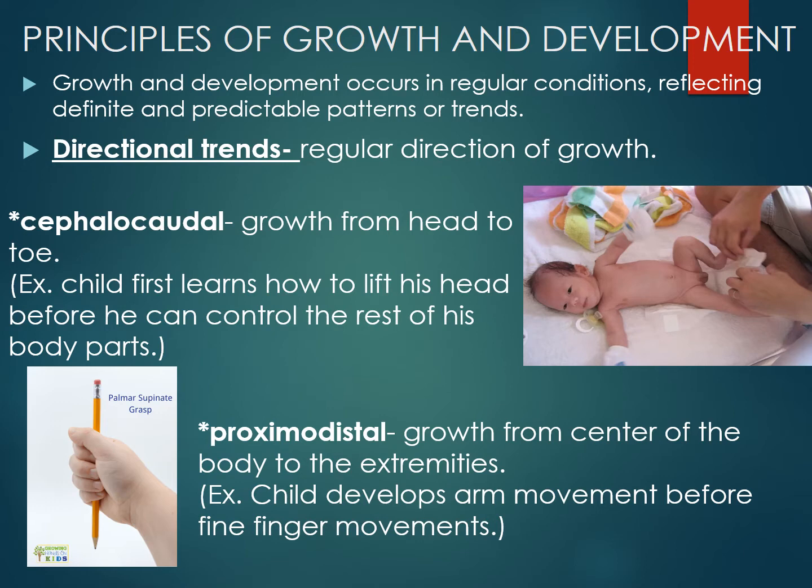That is needed for you to be able to grasp the pencil properly kasi nga hindi pa ninyo na-develop yung fine finger movements. So yung mga lapis na ginagamit ninyo before were very wide in diameter. But as you grow older, you are able to control your fingers properly kaya yung mga lapis na ginagamit nyo nagiging manipis na din. So that is an example of a proximodistal directional trend of growth and development.